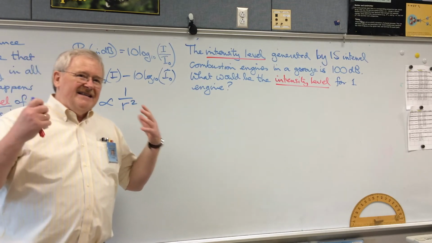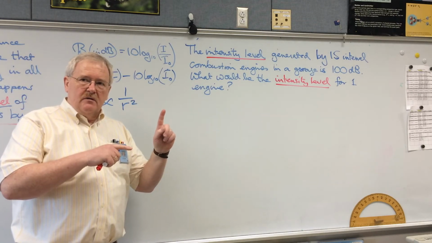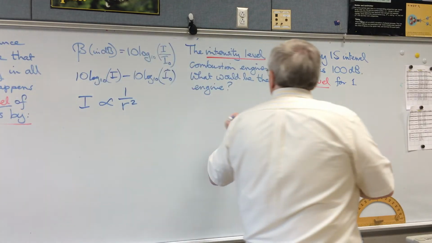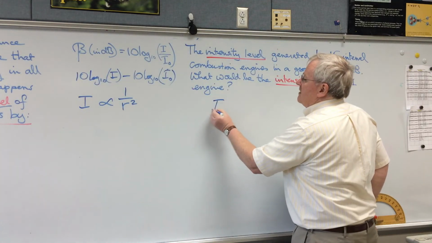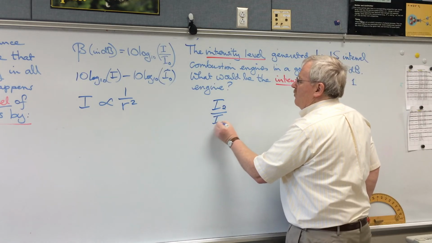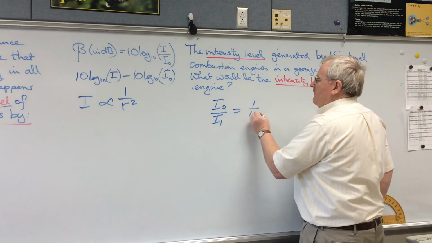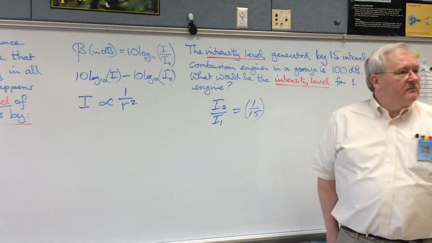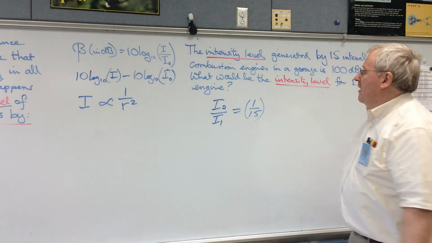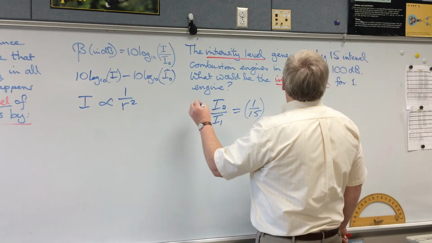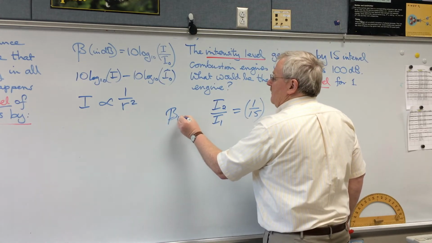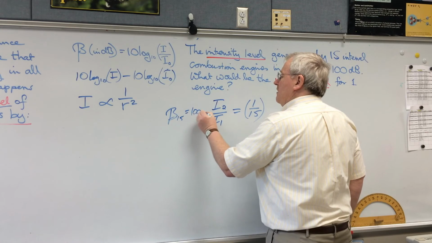Well, the intensity, not the intensity level, would drop by a factor of 15. So what we're being told effectively is that I2 over I1 is 1 over 15. We're also being told that beta for 15 engines is 100 dB.